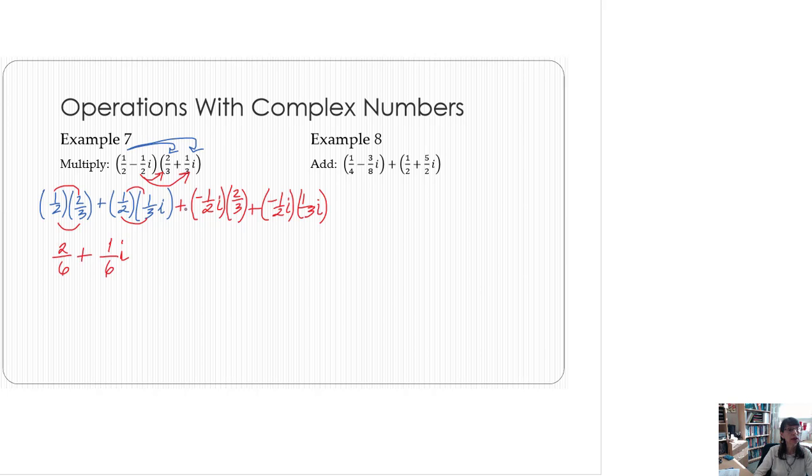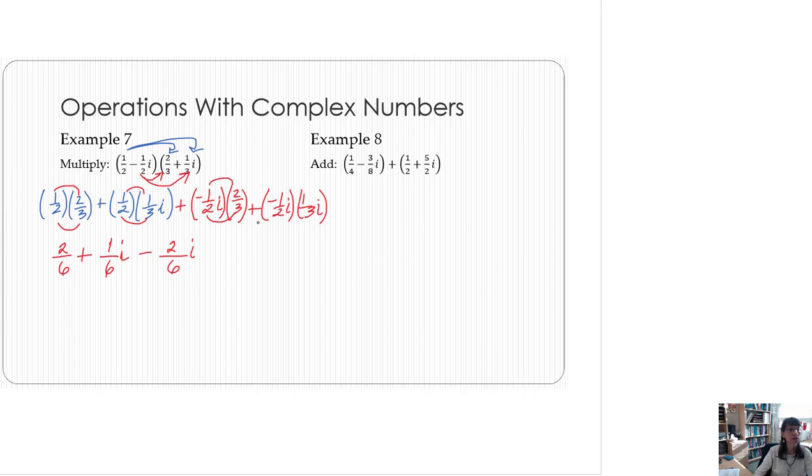Our next term, addition of negative times positive. So that really would be subtraction. Numerator, 1 times 2 makes 2. Denominator, 2 times 3 makes 6. And again, we've got a complex number involved, so that's subtraction of 2/6 i.